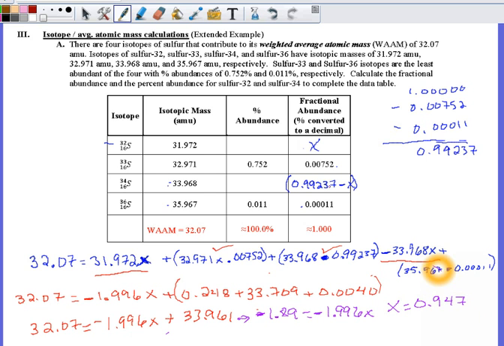Okay, so now I know what this is, right? 0.947. Now to get this one, I just subtract this from that 0.99237, right? Just like that.